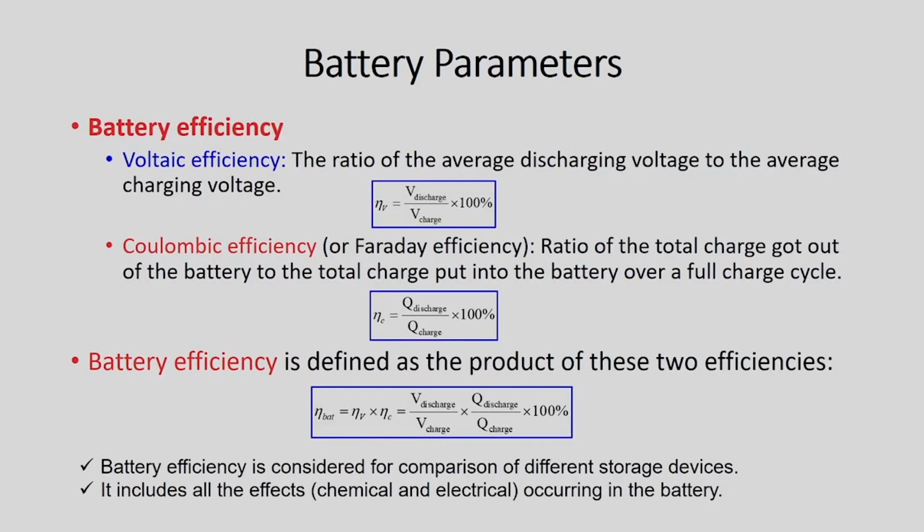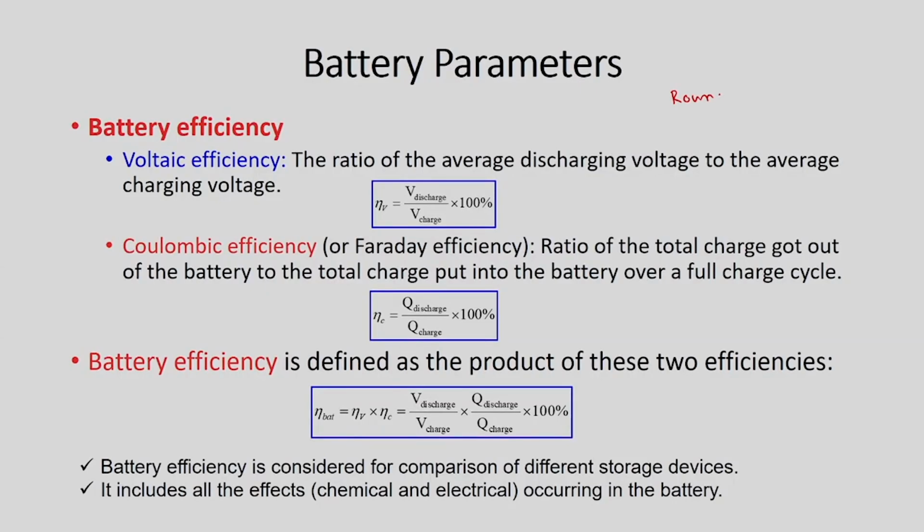Also, we must know what is battery efficiency. Battery efficiency is also sometimes known as round trip efficiency. For any storage system, we must know what is round trip efficiency.